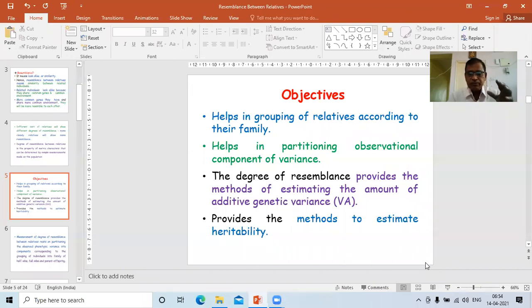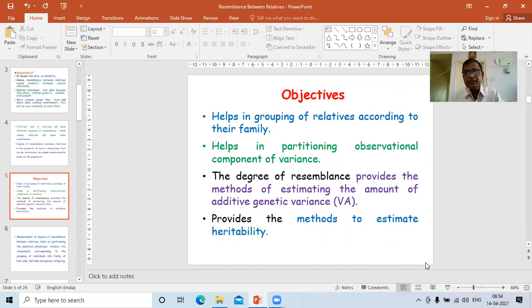Causal components of variance means the total phenotypic variance depends on the genotype of the individual, that is called the genotypic variance, and the environment in which they are raised or subjected, that is called environmental variance. So genotype and environment are the causes responsible for the total phenotypic variance. So these are called the causal components of variance.